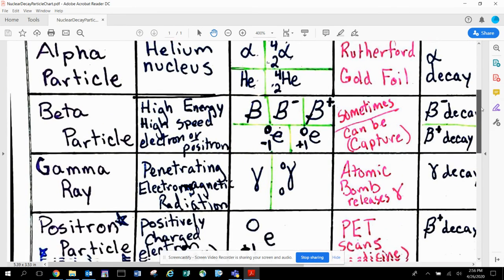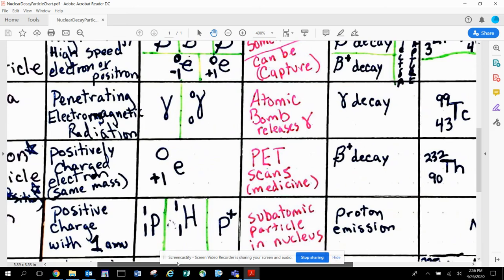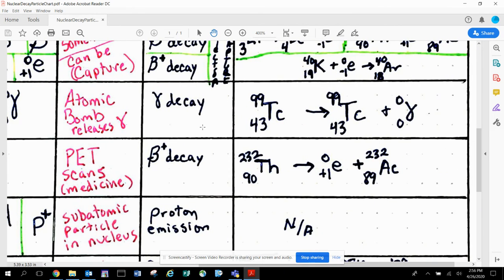Now, gamma rays are not really particles. Okay, they are penetrating electromagnetic radiation. This is the symbol of a gamma. Okay, atomic bombs release a lot of gamma radiation. That's the very destructive part of it. So gamma decay will look like nothing happened.